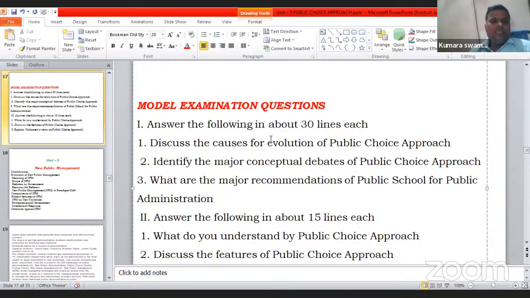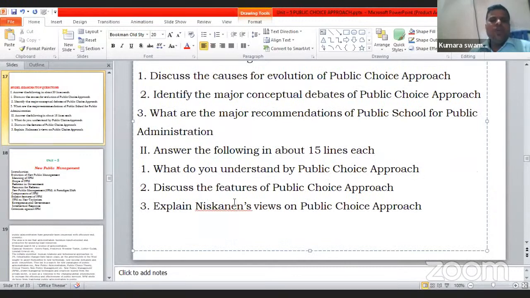Discuss the causes for the evolution of the public choice approach, identify the major conceptual debates of the public choice approach, and what are the major recommendations of the public choice school of public administration. Here we need to write the main recommendations which we discussed last. And in the second section, they're asking the question, what do you understand by the public choice approach?